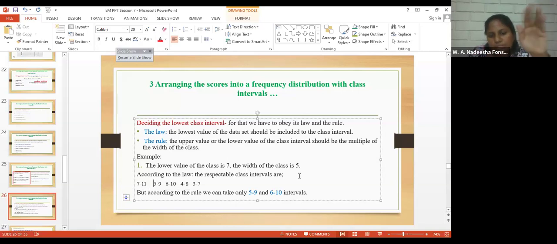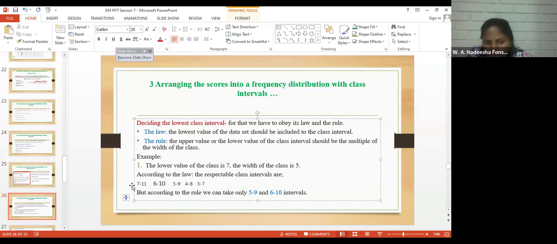Then the next one, in the previous class interval we started from 7, now start from 6. 6 to what? 6 to 10. We have to add 4 here. Then take 5 and 9. Then 4 to 8, 3 to 7.